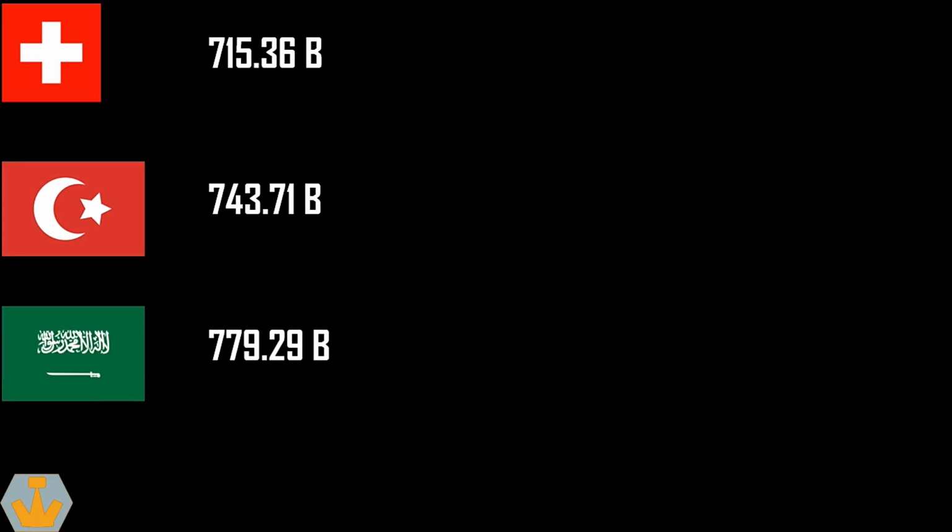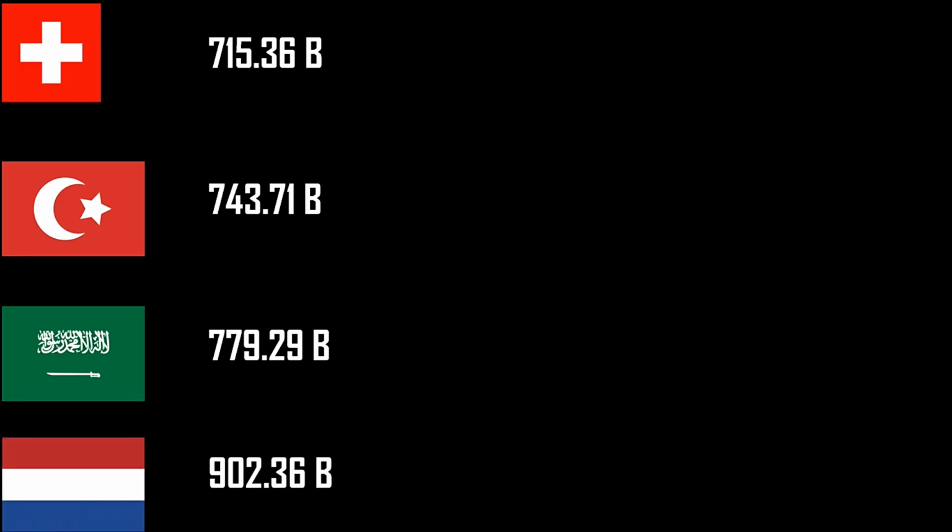So, at number 20, we have Switzerland with $715 billion. Number 19, we have Turkey with $743 billion. 18, Saudi Arabia, $779 billion. 17, Netherlands, $902 billion.